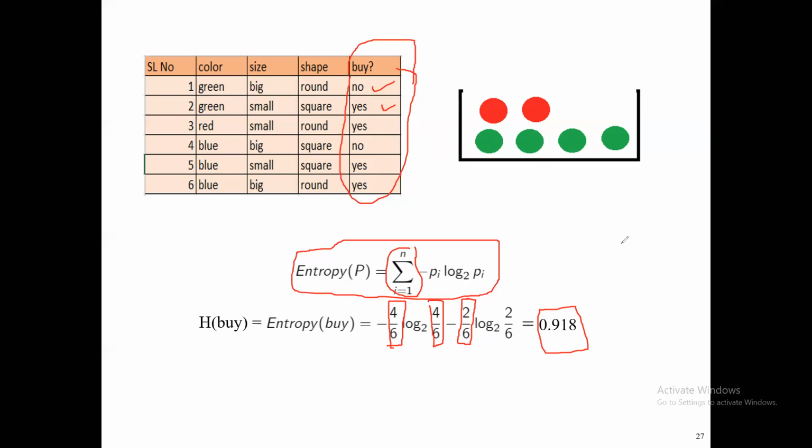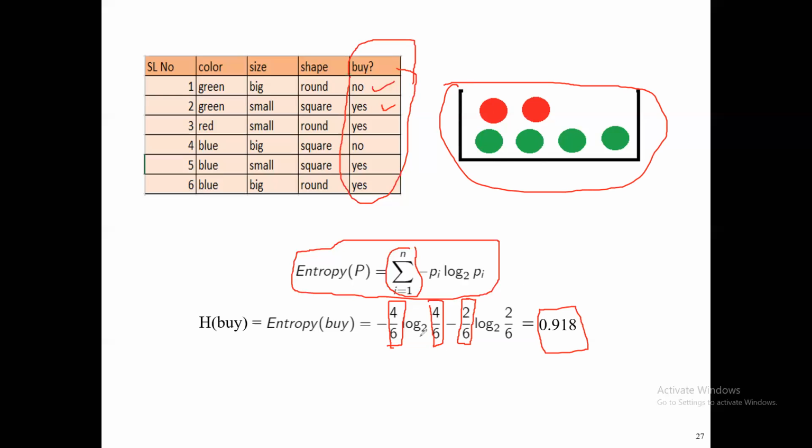We can also think of it differently. For example, we have a distribution such as this, where we have 6 balls, out of which 4 are green and 2 are red. So again, we have 2 values in this distribution, green and red. How many green balls are there? 4 green balls.